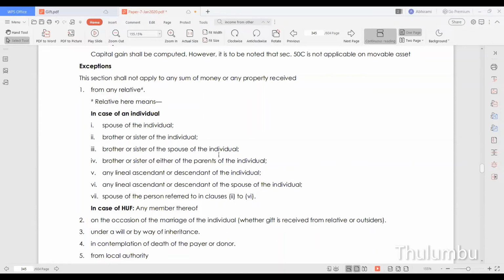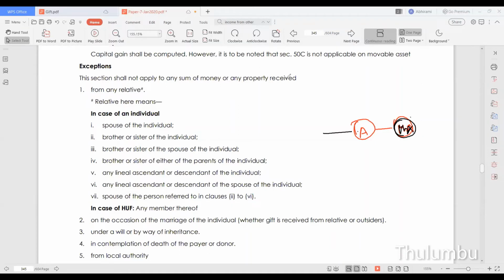Say for an example, Mr. A is there. So A's spouse, Mrs. A, she is a relative.